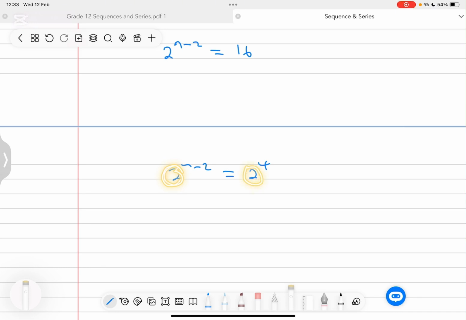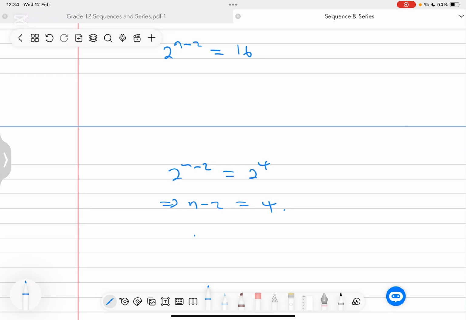We have a 2 here and a 2 here. So if these exponents are the same, then these two powers will be equal to each other. This implies that n minus 2 is equal to 4, because then both powers are 2 to the power 4.